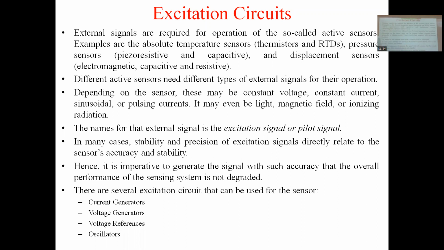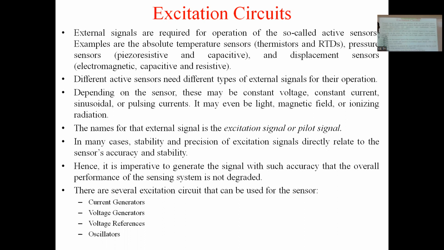Example we have given in the classification, that is thermistor or RTD, a temperature dependent resistor. To enable its operation, we require a source. We need a current source, so that current flows through it.